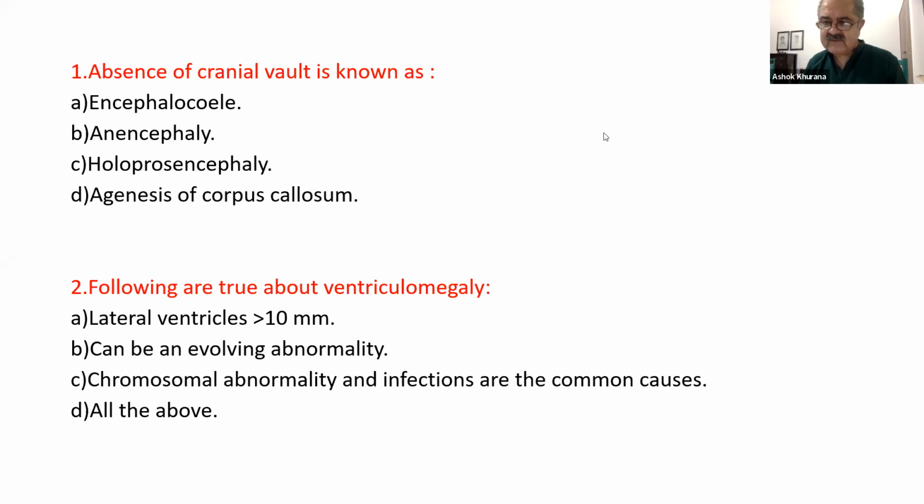In some classifications, we call them mild. In some classifications, we divide them into mild and moderate. So 10 to 12 would be mild and 12 to 15 would be moderate. Interestingly, it doesn't really matter whether it is 11, 12, 13 or 14, because in all of these, the prognosis is variable and depends on the workup of that ventriculomegaly.